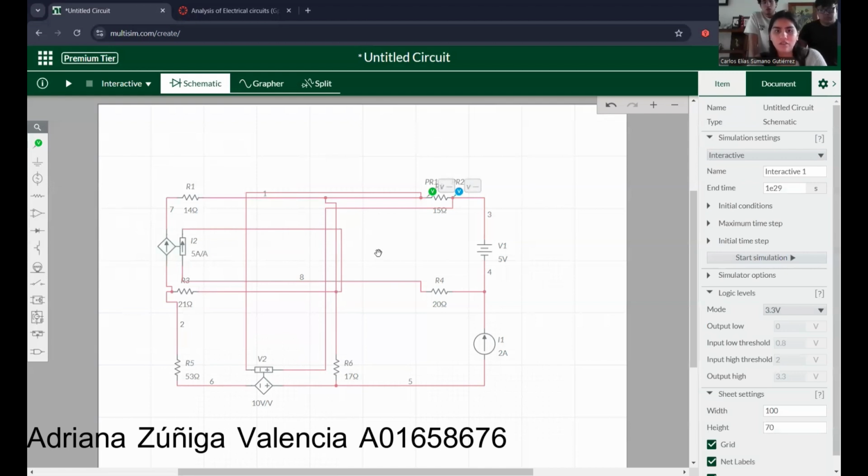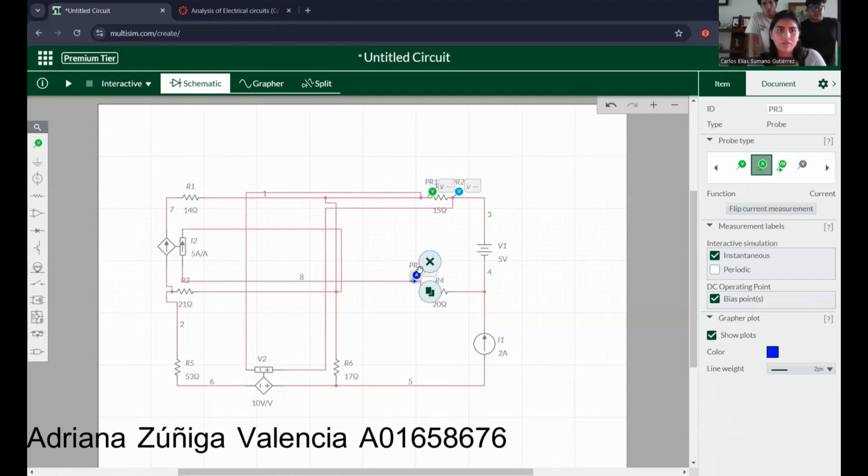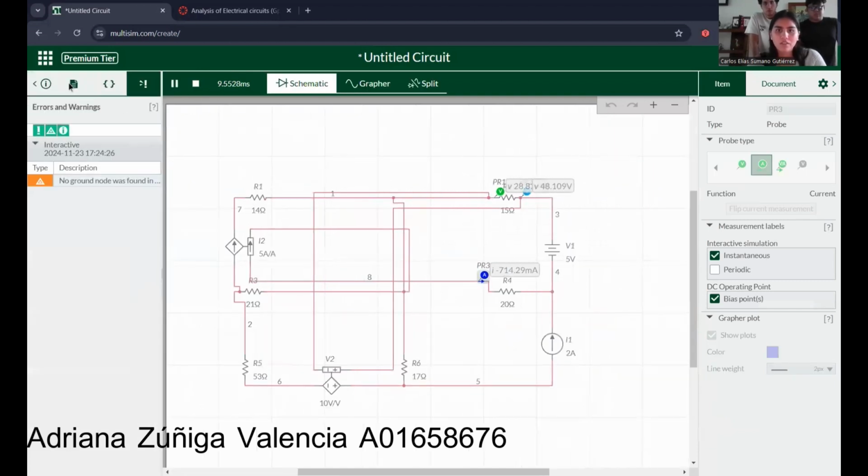And to know the current passing through resistor number 4, we put a current marker in this place.